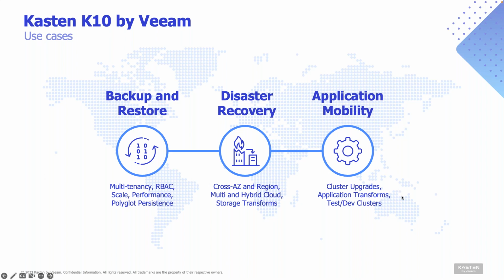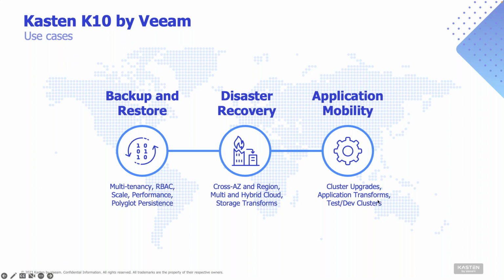Then we talk about application mobility, right? Application mobility is about being able to address those migration use cases, because when we talk about Kubernetes right now, basically every year you do 3 upgrades. So if you move from one platform to another, you need to take care of the application transformation, and basically the cluster upgrades, right?